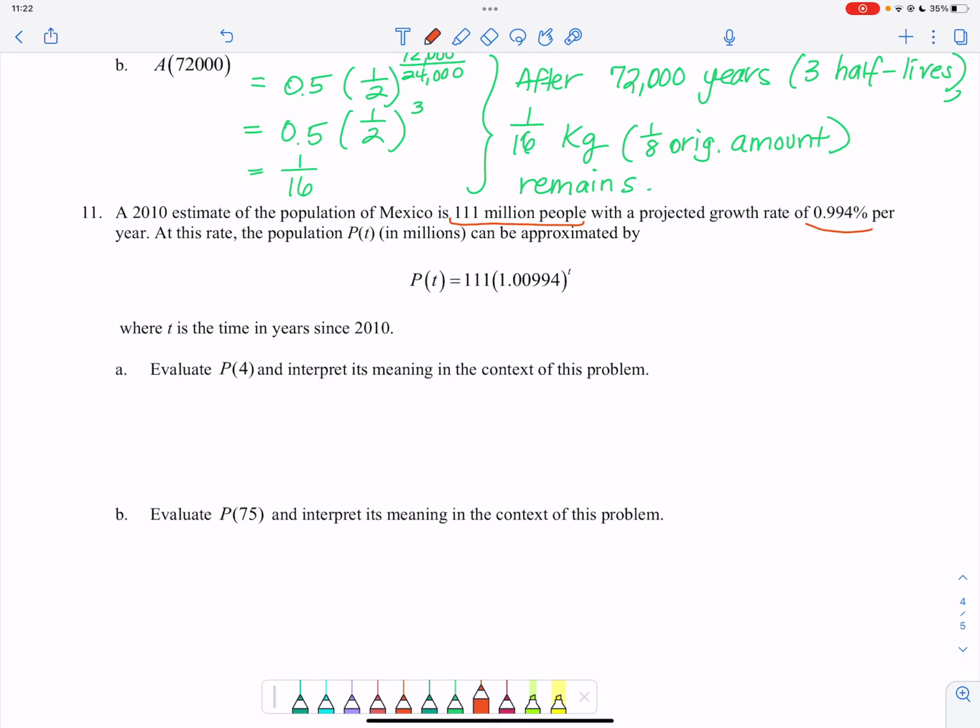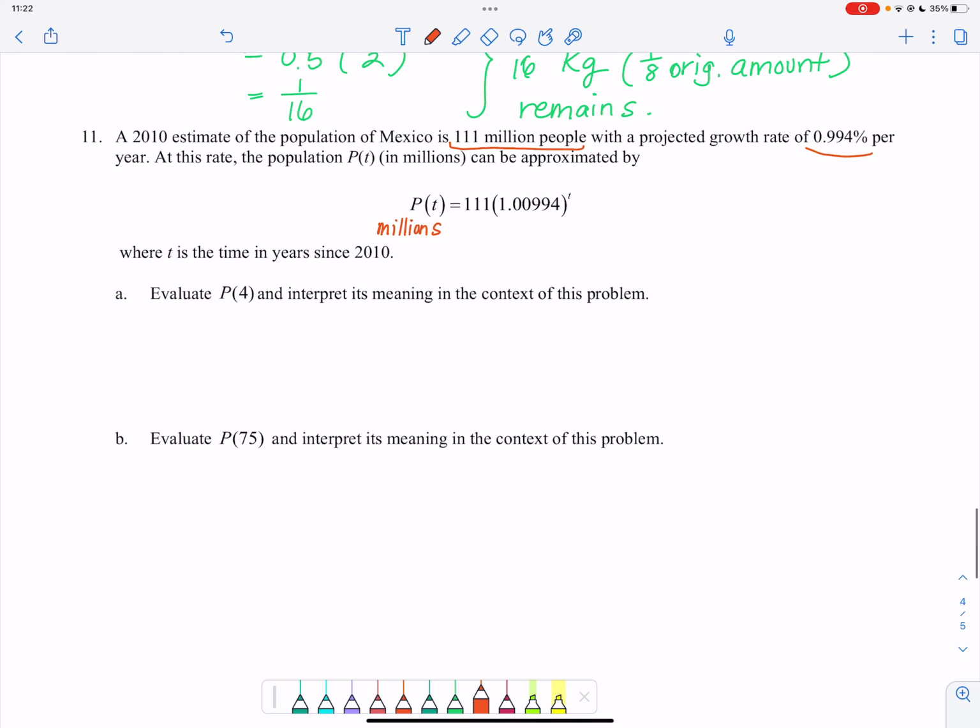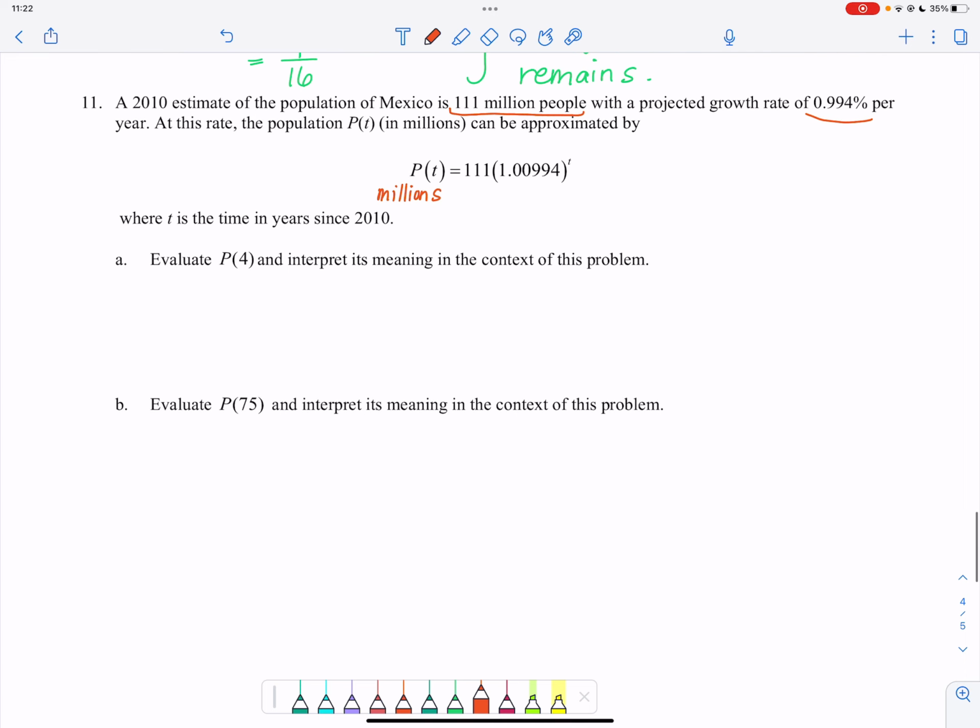At this rate, the population, P of t in millions, can be approximated by this exponential function. Now keep in mind, t is the time in years since 2010.